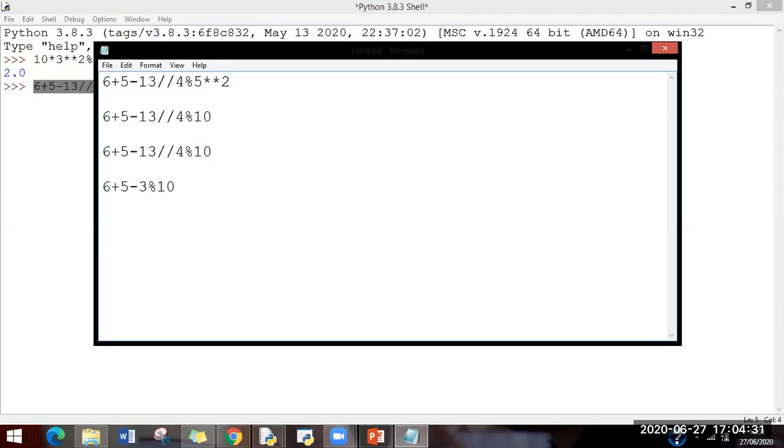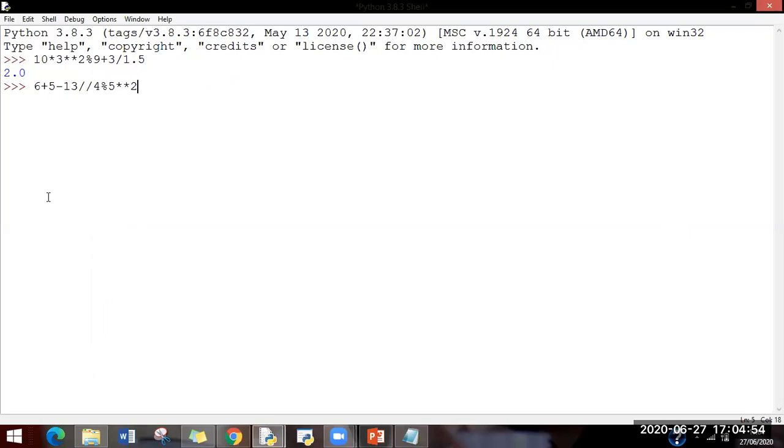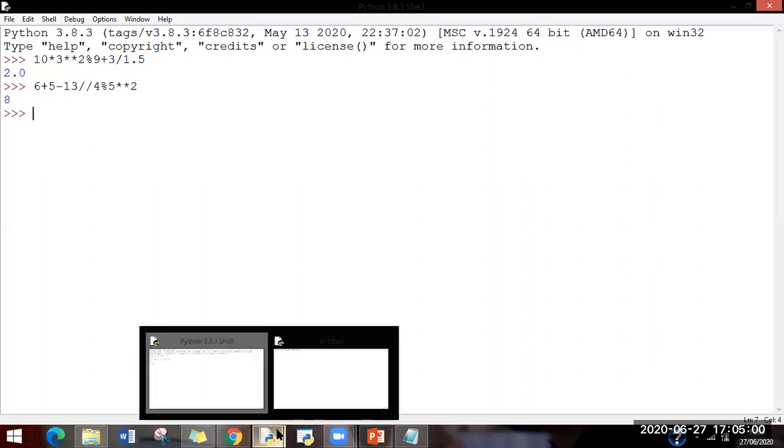So when you solve 3 modulus 10, you will get 3 as the answer. Now because plus and minus have the same level of precedence, you can solve 11 minus 3, and the answer for this will be 8. Let's see what the answer is. 8 is the answer. So this is how we are supposed to do the arithmetic operator questions.